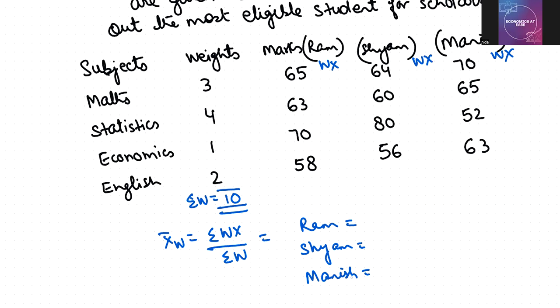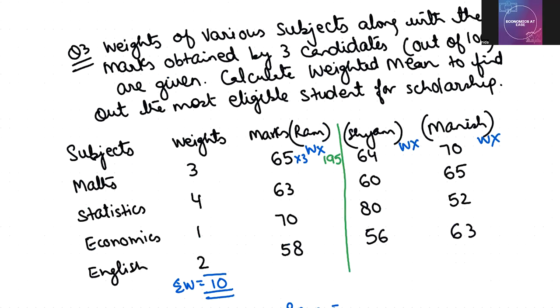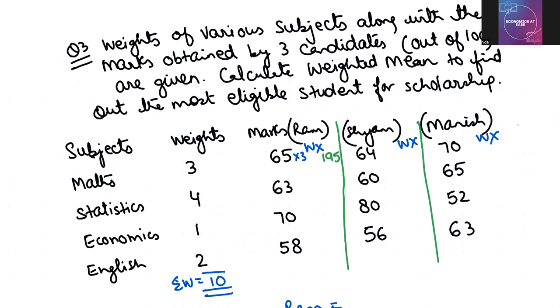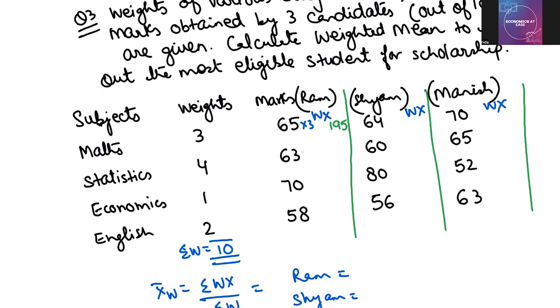Okay. So 3 into 65, right? इसको मल्टीप्लाई करना है, तो 65 into 3 मैं कर दूं, तो मुझे कितना मिल जाएगा? 195. ये राम का है, this is for Shyam, and this is for Manish. Okay. So then into 4, ये weight है ना, तो 63 into 4.